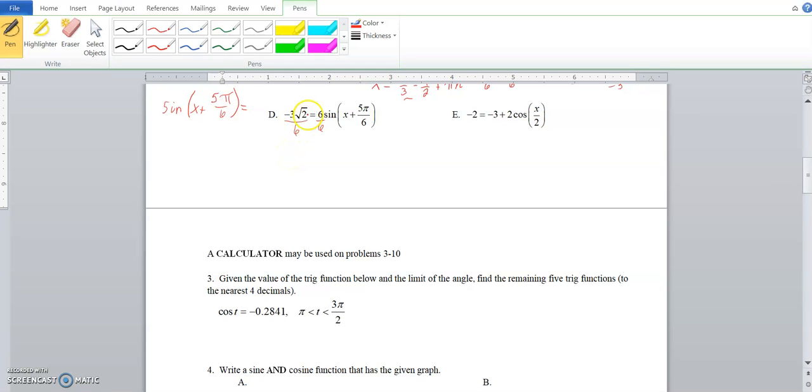So negative a half and the square root of 2, that gives us negative square root 2 over 2. Excuse me. And so we have our sine function. Sorry, that looks like a 5. Sine of x plus 5 pi over 6 is by itself set equal to negative square root 2 over 2.